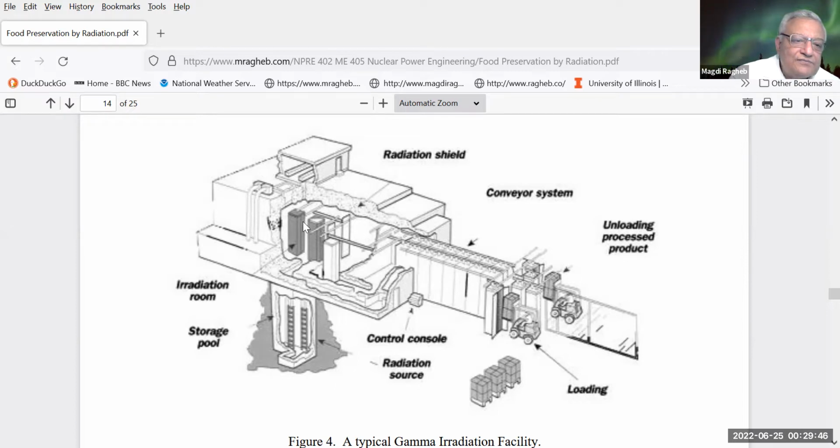So they get subjected to very powerful gamma or X-ray radiation, and they keep running on the conveyor belt, and then they're discharged on the other side, and they are taken for consumption.